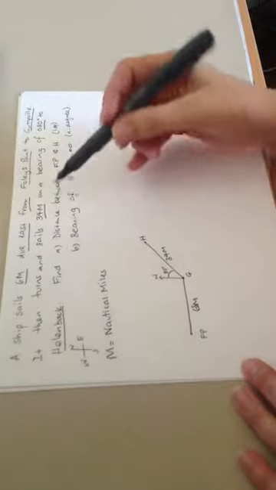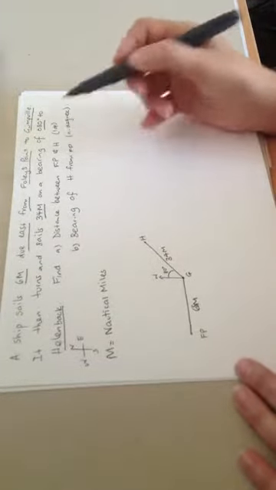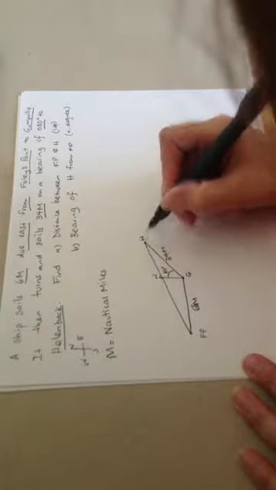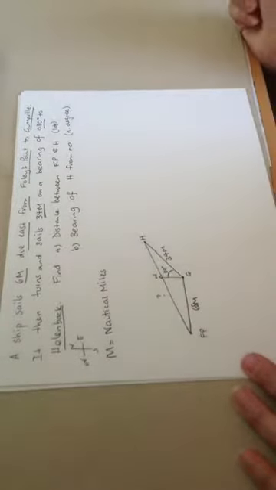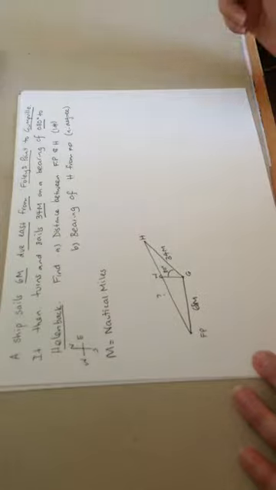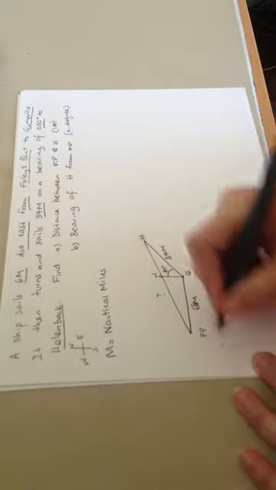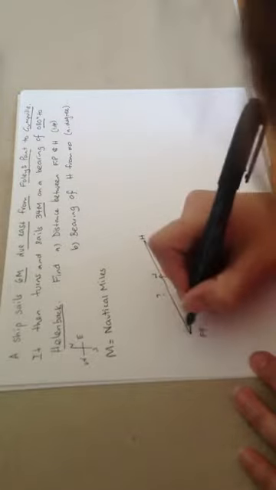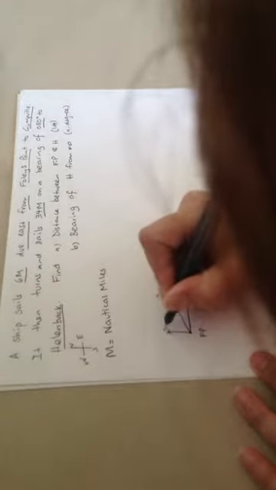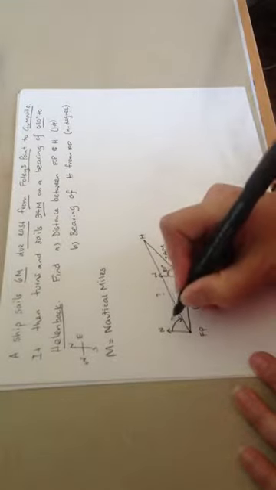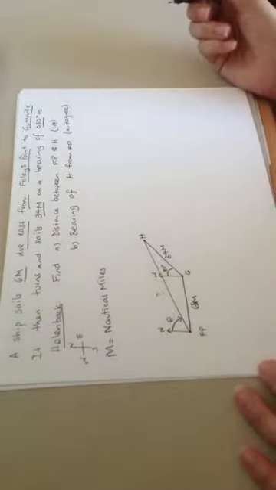Okay, the first question is asking us to find the distance between Foley's Point and Hellenbach. So that would be, if I draw it as a triangle, this distance here. And the second question is asking me to find the bearing of Hellenbach from Foley's Point. So from Foley's Point is where the bearing is starting from, and so going across until I meet Hellenbach, it's the angle I need to find in there.